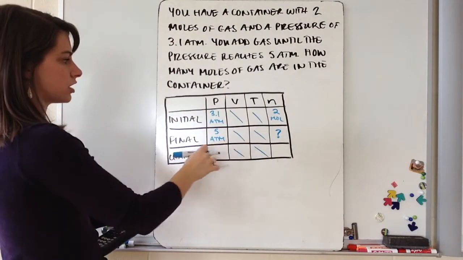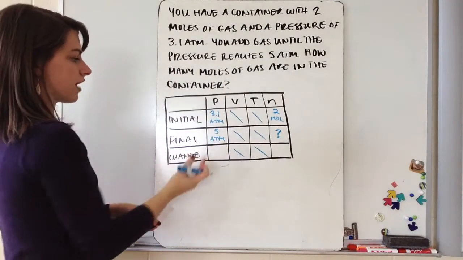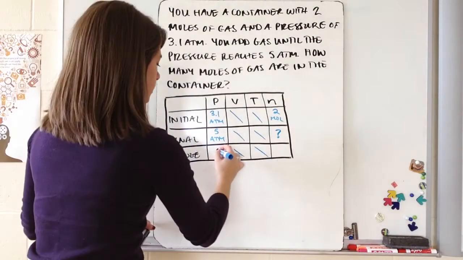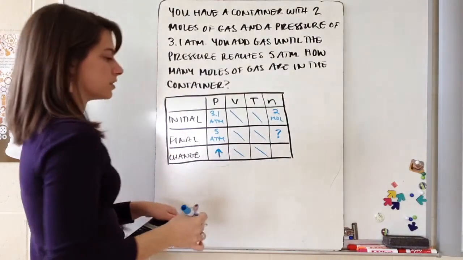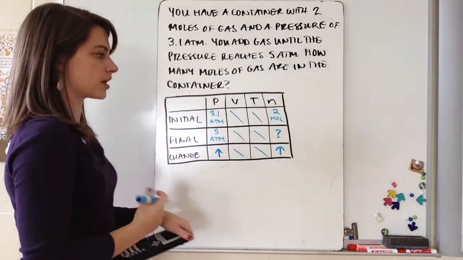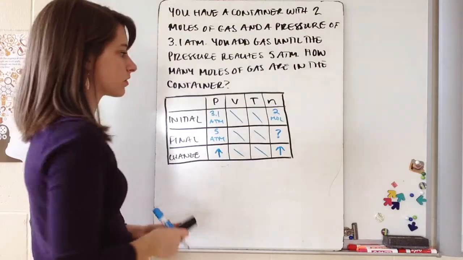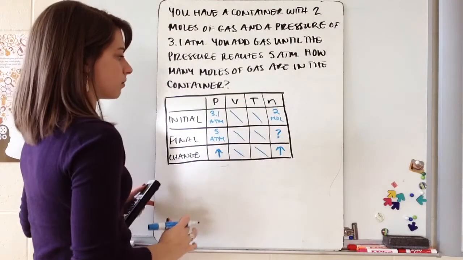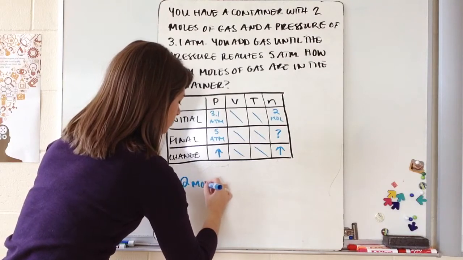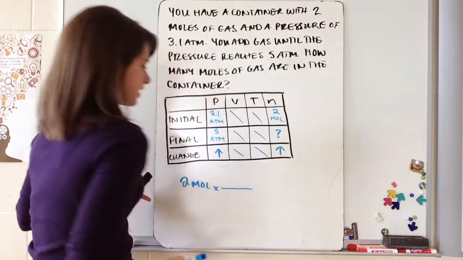So now let's do the change part. Our pressure went from 3.1 to 5. So is that an increase or a decrease? That was an increase in pressure. So it's going to go up, which means that our number of moles also had to have gone up. In order to increase the pressure, we needed to add more gas. So since we're looking for a number of moles, that's what we're going to start with. So we'll start with 2 moles. Set up our factor.